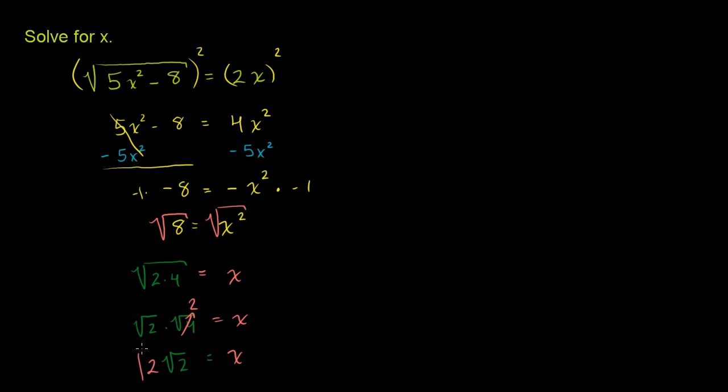Now let's verify that this is the solution to our original equation. So let's substitute this in first to the left-hand side. On the left-hand side, we have 5 times 2 square roots of 2 squared, minus 8, and then we're going to take the square root of that whole thing.